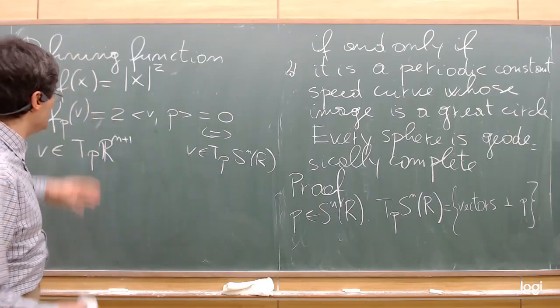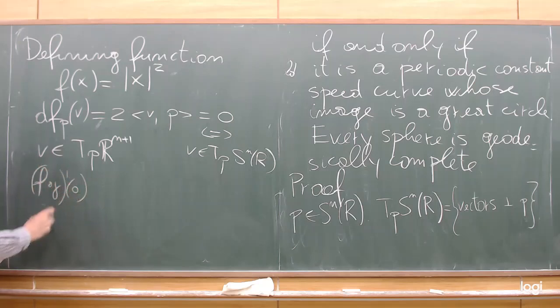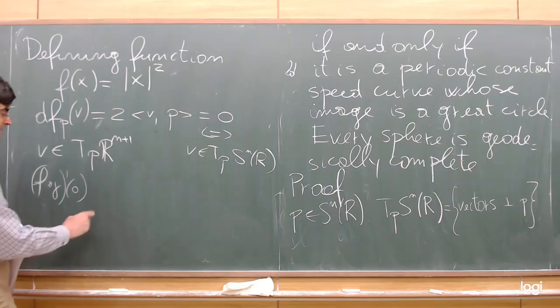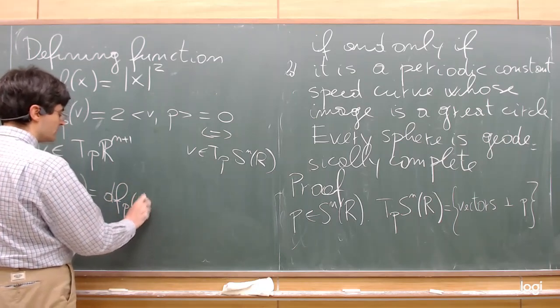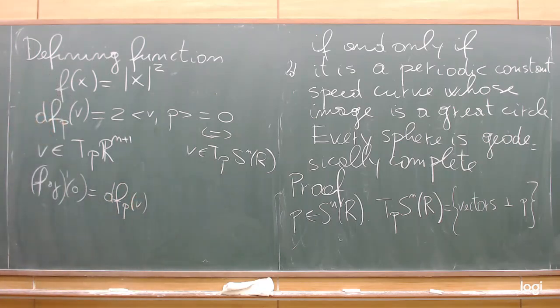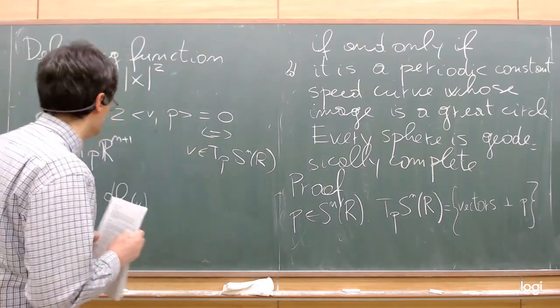Then it makes sense to compute the derivative of f composed with gamma at 0. This is exactly df_P(V), and this is 0 if and only if V is tangent to the sphere.